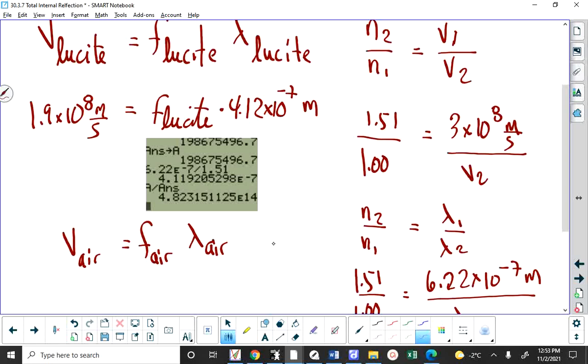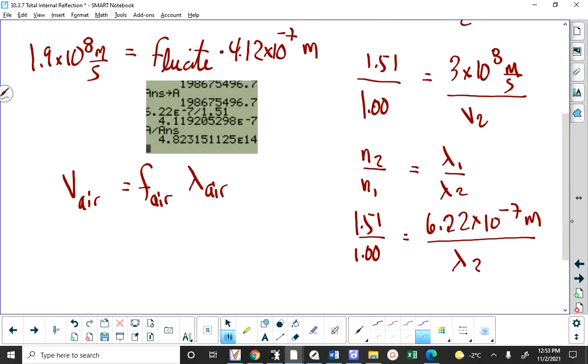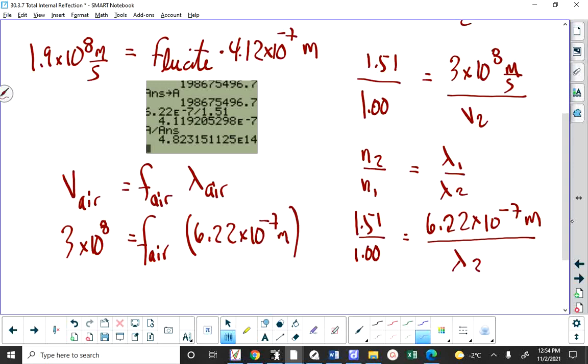It's still connected physically in some way or electrically in some way to the original oscillation. So this means that if you were to take 3 times 10 to the 8 and set it equal to the frequency in air times 6.22 times 10 to the negative 7, you should get the same thing.